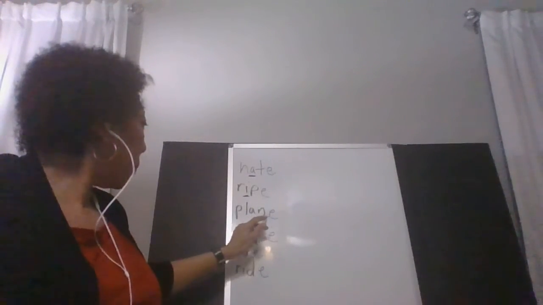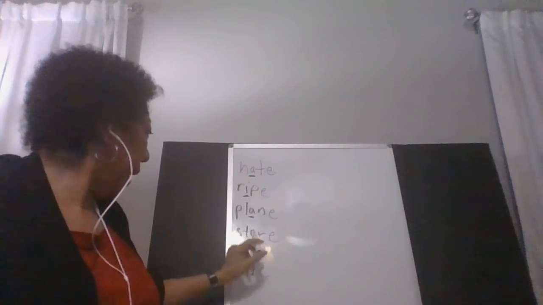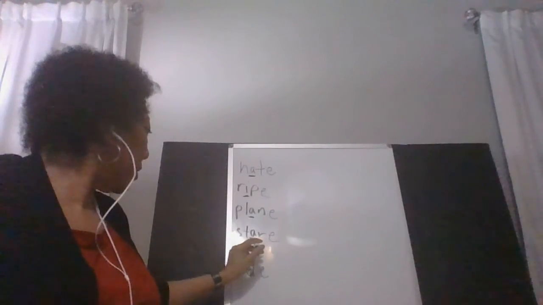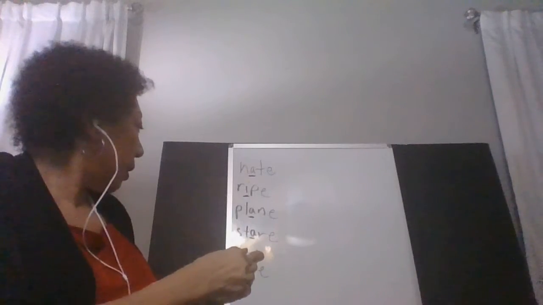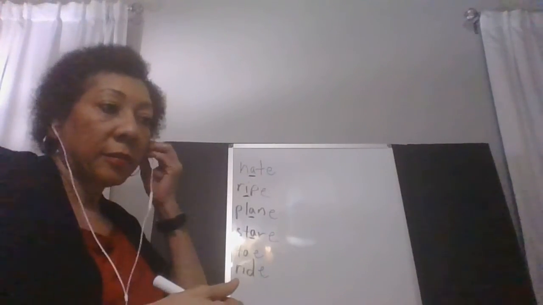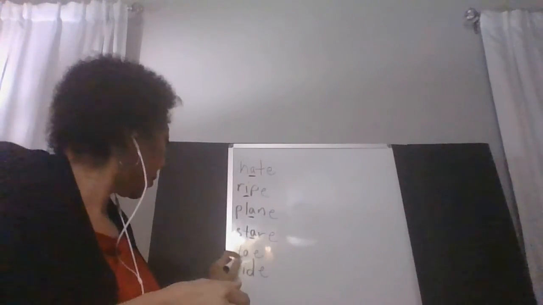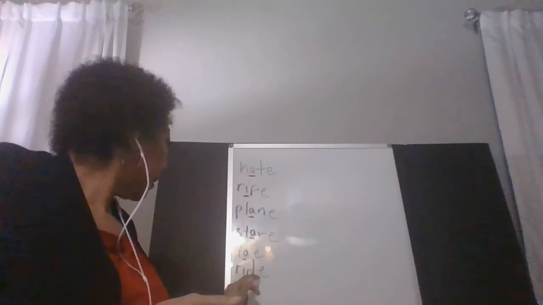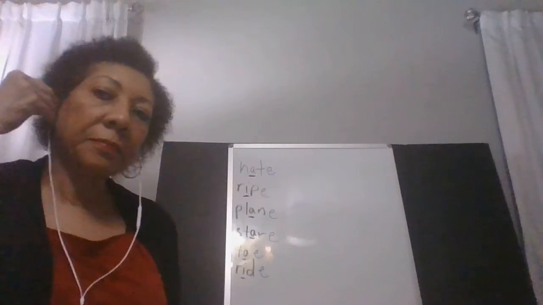The word plane, you hear the A. Stare, again, you hear that A from short to long. Toe, you clearly hear the O. The vowel went from short to long. And finally, in the word ride, you hear the I. Long vowels say their name.